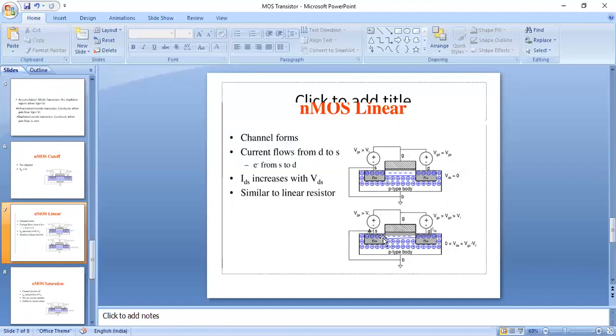So more negative charges will be pulled and move towards this drain, and the IDS value increases. More negative charge carriers from the source, the N positive, will be attracted and move towards this drain. So this state is known as the linear state.